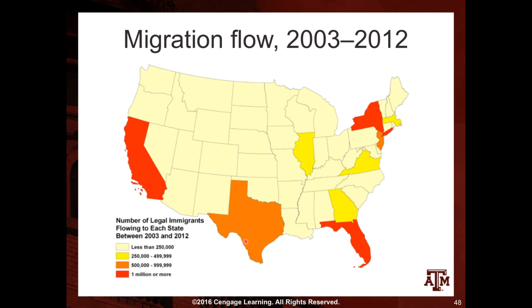And Texas received between 500,000 and a little less than 1 million within this period. So this is pretty much the flow: how many legal immigrants moved to these states between 2003 and 2012.